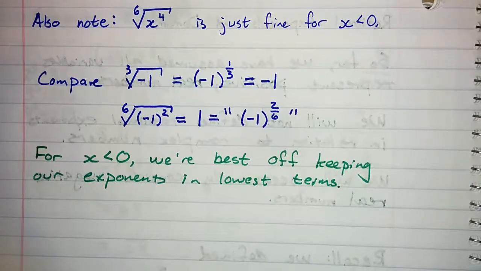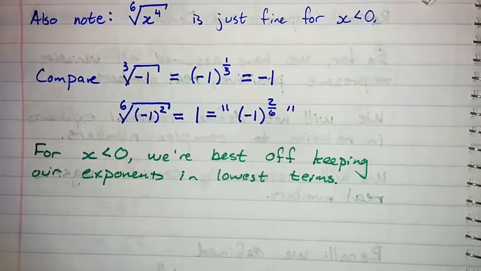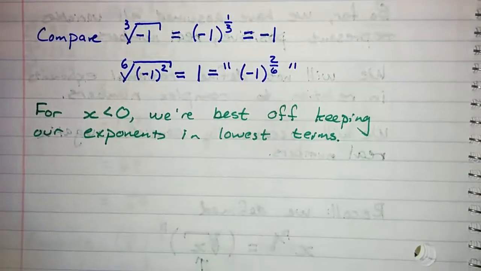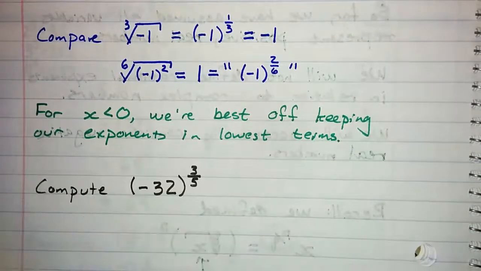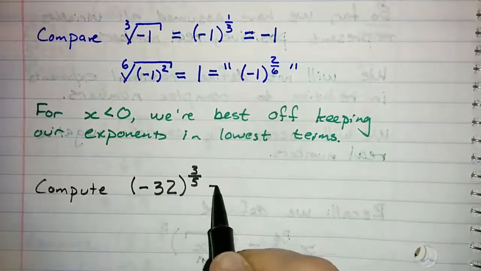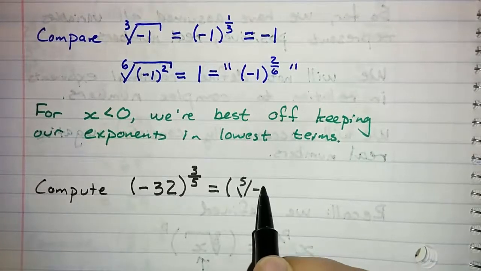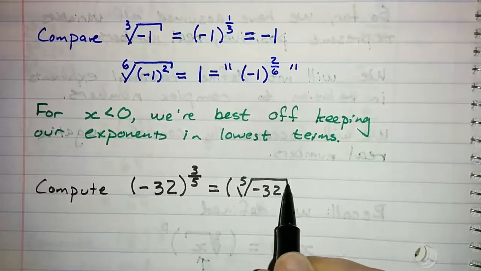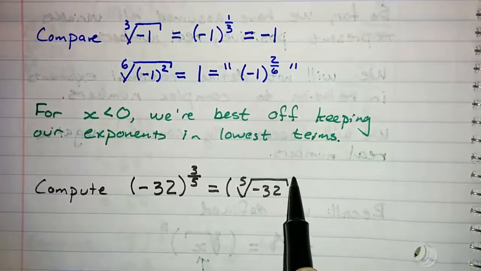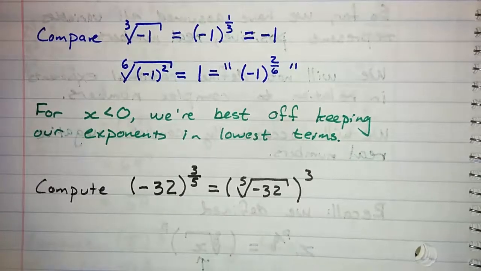With all that said, we can still compute some of these negative rational powers. So let's say we want to compute -32 to the 3/5. By definition, that's going to be just the 5th root of -32 to the 3rd.